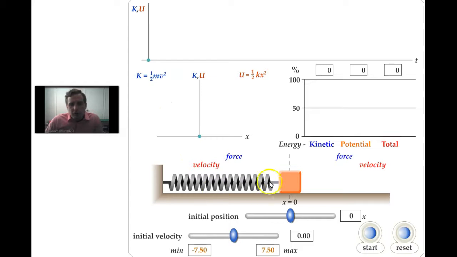So what we're going to do here is plot kinetic energy in blue and elastic potential energy in this brownish red color, and the total energy is going to be in red.